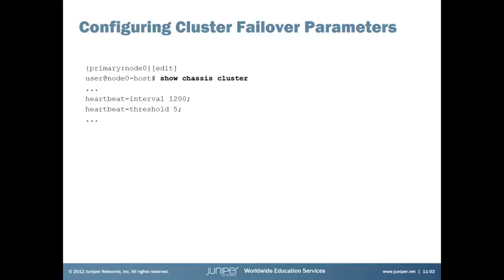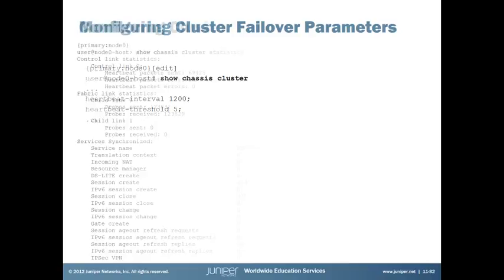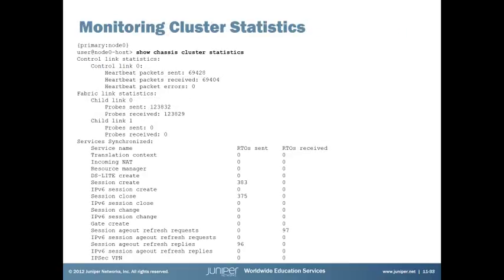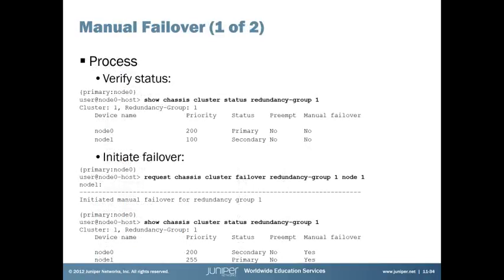Go and look at our show chassis cluster. We'll take a look at the heartbeat interval and the threshold. And we look at our stats there. So let's look at the manual failover. Show chassis cluster status redundancy group 1. So we're taking a look at redundancy group 1.